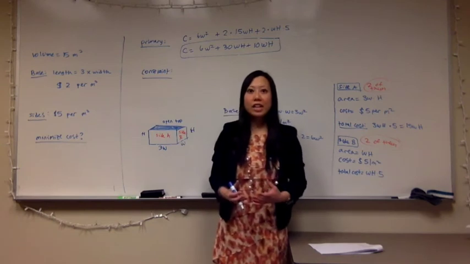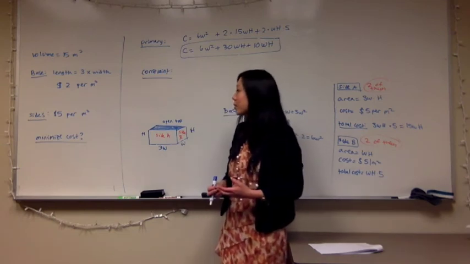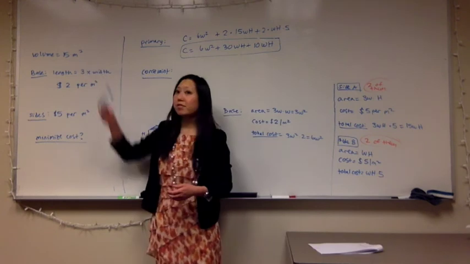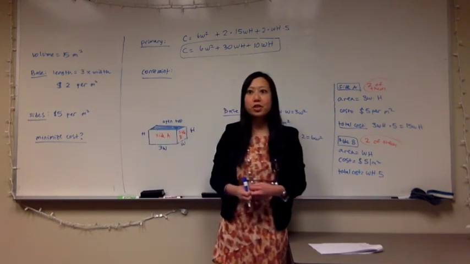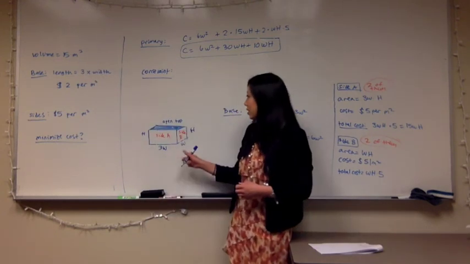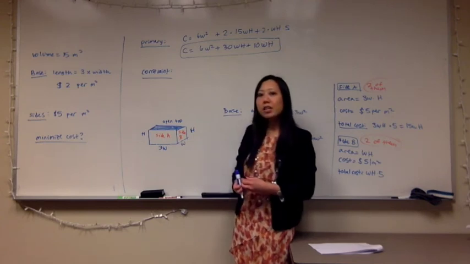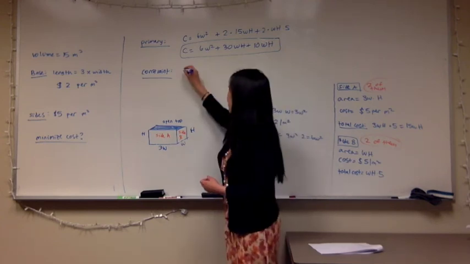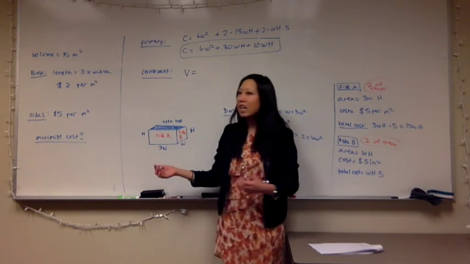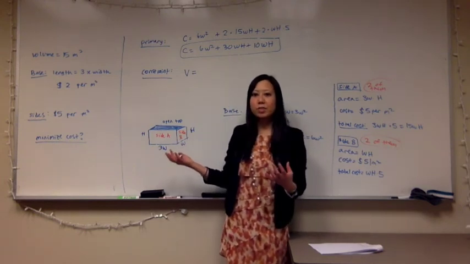Now I go ahead and find my constraint. My constraint is what I'm restricted to. I'm restricted to the fact that the volume is 15 meters cubed. Well, volume here is just multiplying the three dimensions together. So volume equals not length times width times height, because that's not what the dimensions are here.